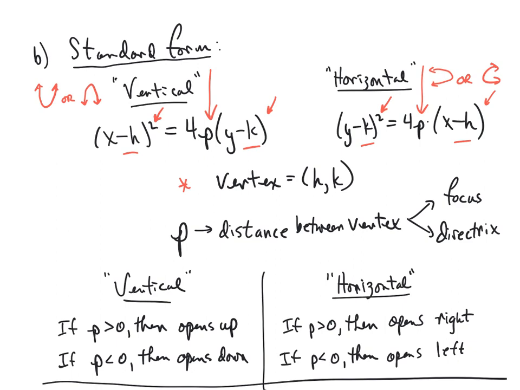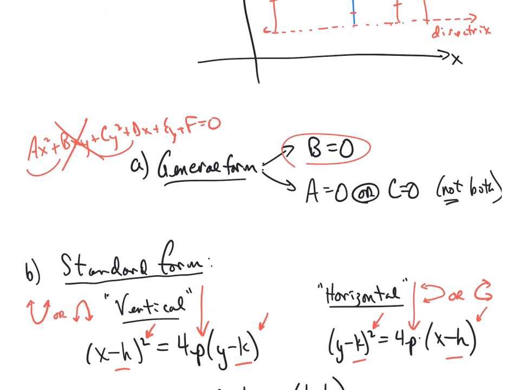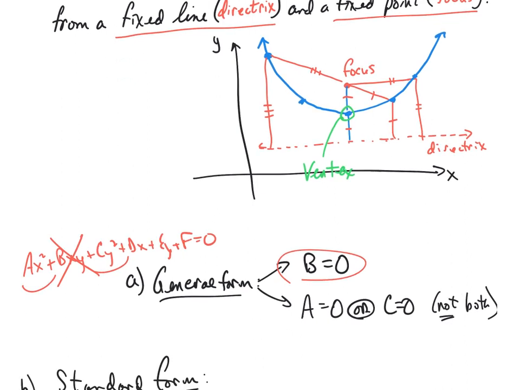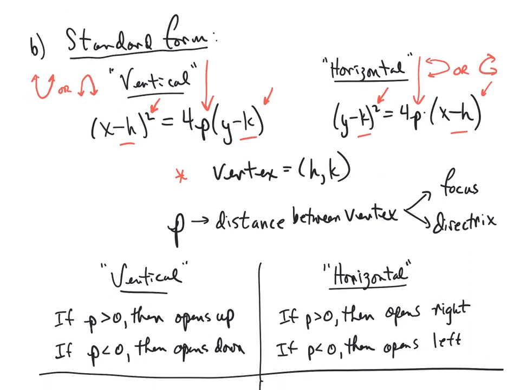If I back up to that rough picture we drew earlier, the point that's halfway in between, this point right here that I'm going to circle in green, is what we call the vertex.